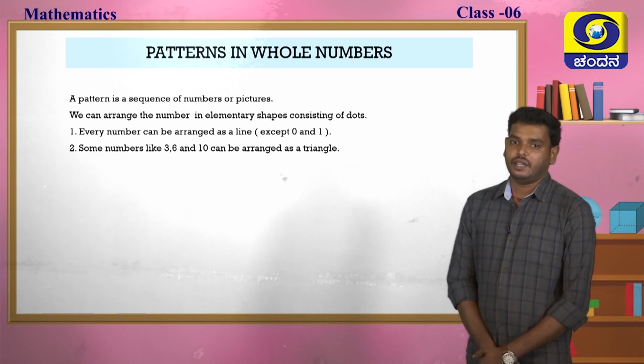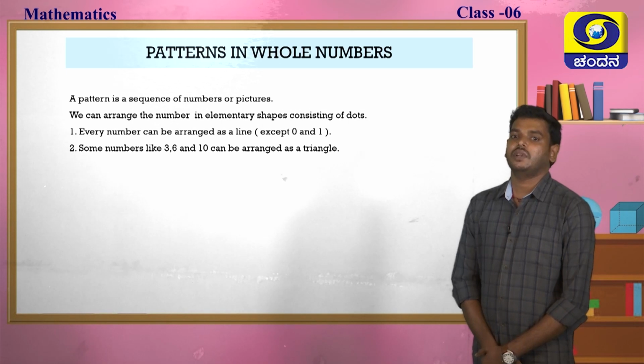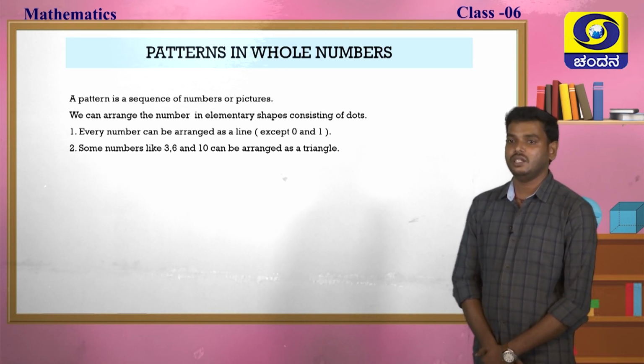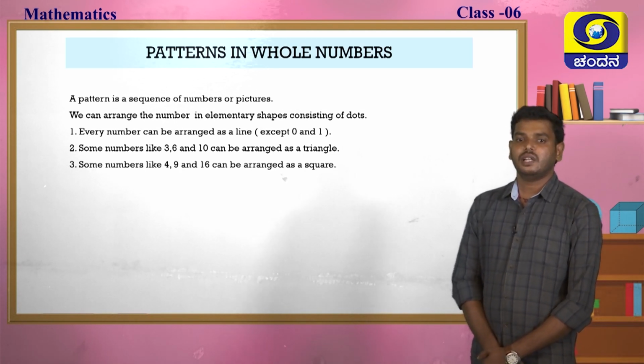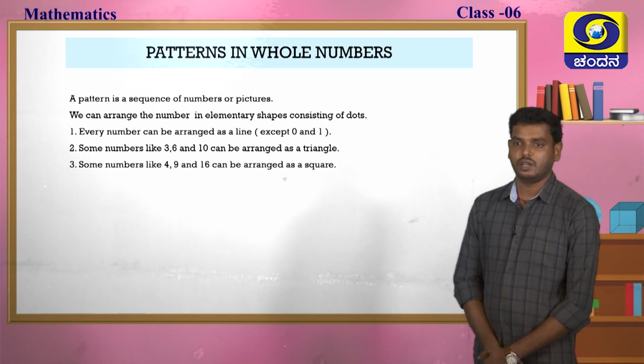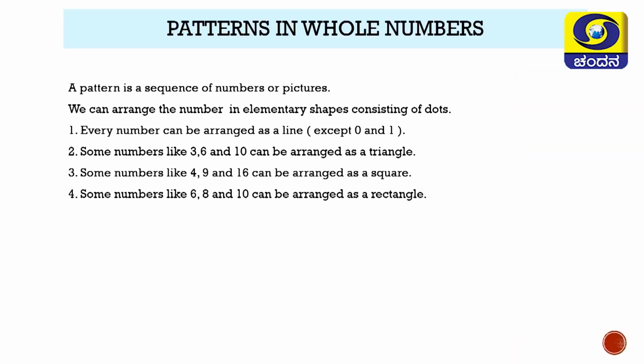Some numbers like 3, 6 and 10 can be arranged as a triangle. We will see how we can arrange them now. Some numbers like 4, 9, 16 can be arranged as a square, that also we will see now. And some numbers like 6, 8, 10 can be arranged as a rectangle. See, all the numbers are whole numbers.